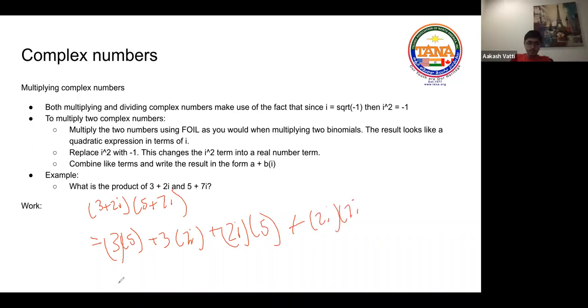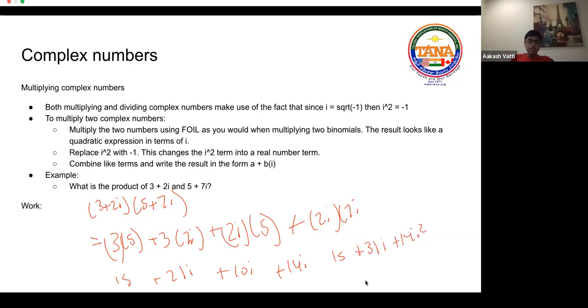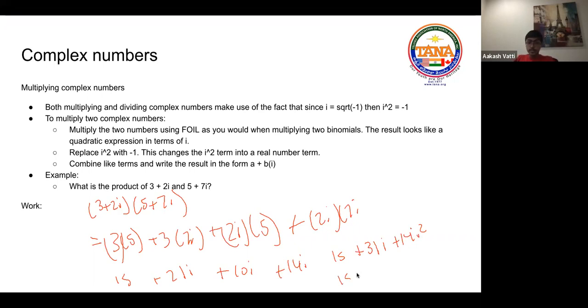So this turns out to be 15 plus 21i plus 10i plus 14i squared. When you combine like terms, you get 15 plus 31i plus 14i squared. When you replace the i squared term with -1, you get 15 plus 31i plus -14. Then when you combine like terms there, you get 1 plus 31i as your answer.